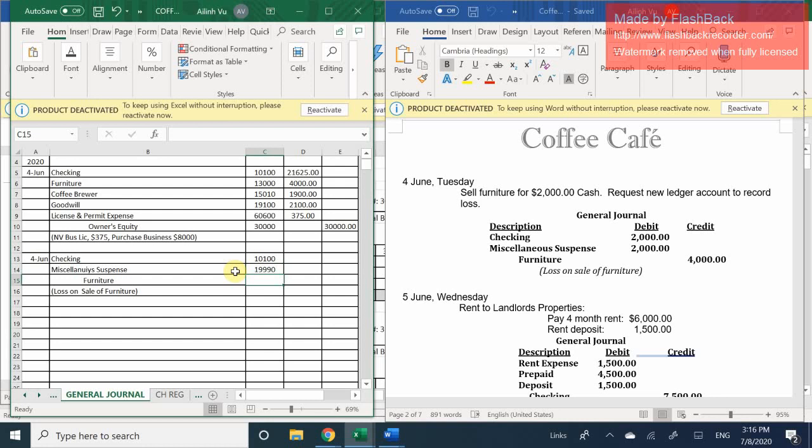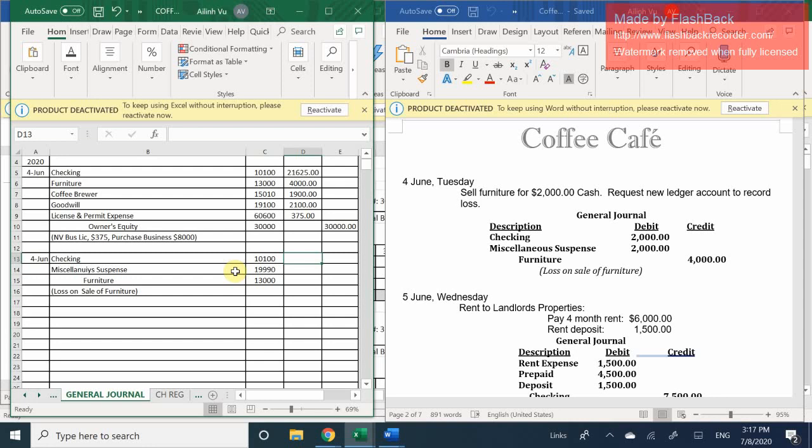Yes, it's the very last account in assets. 1999 0. Yes. And my furniture. Furniture's 3,000, wasn't it? 13,000. Yes. Oh, that's close. It had a 3.